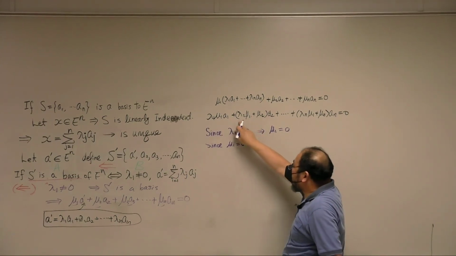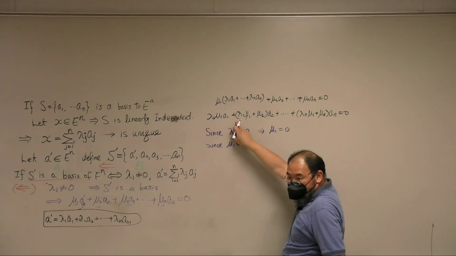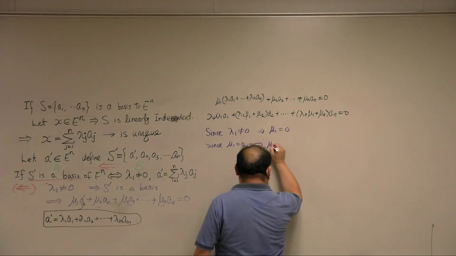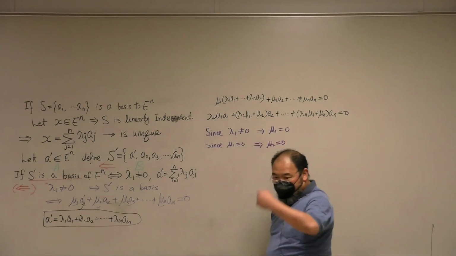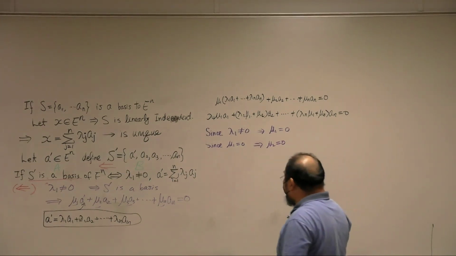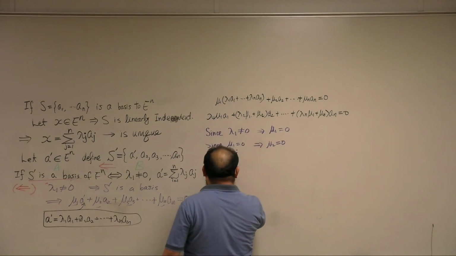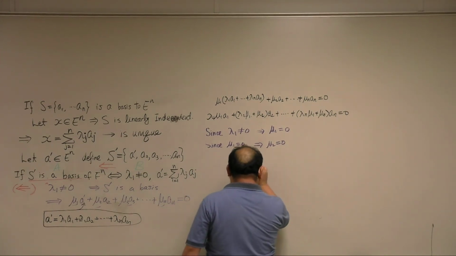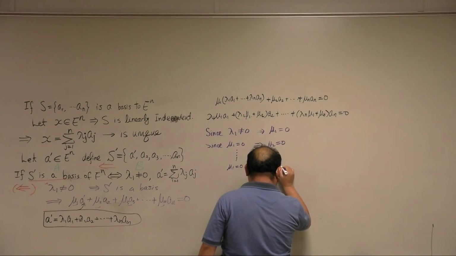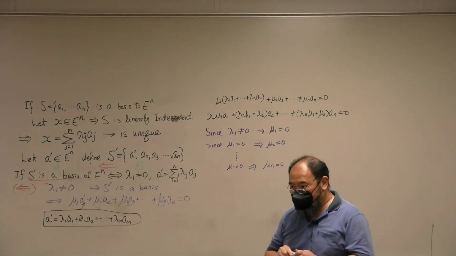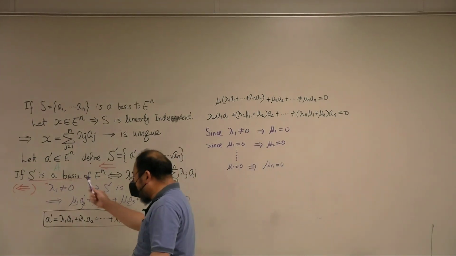This term equals 0, correct? So mu2 has to be equal to 0. And okay? Then, continue going down. Since mu1 equals 0, then mu n has to be equal to 0. Did I actually prove this?